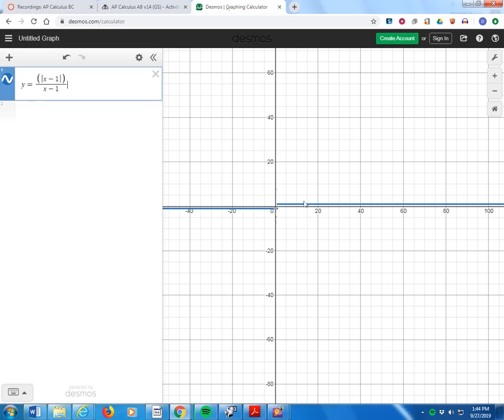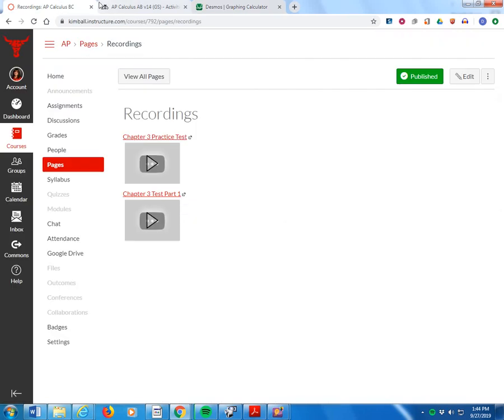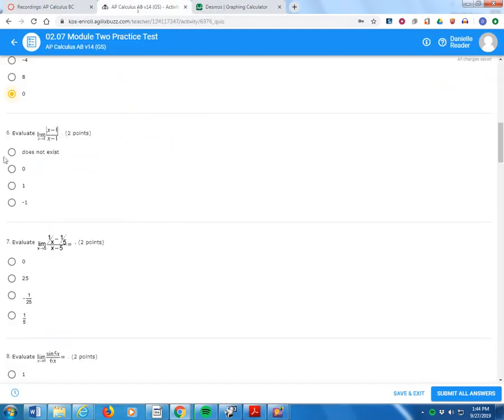So as x approaches 1 from the right, it looks like the y value is approaching 1. As x approaches from the left, it's -1. Since the limit from the right is +1 and the limit from the left is -1, this limit does not exist. It has to be the same value from both the right and the left.